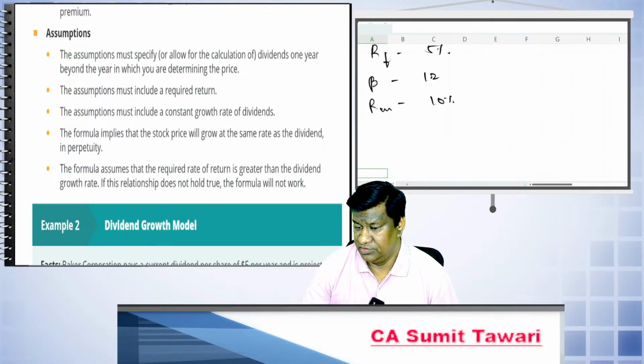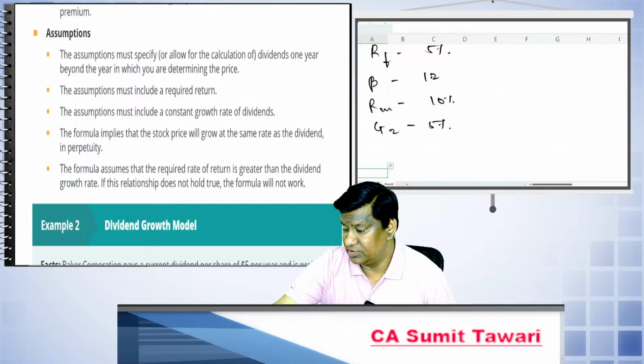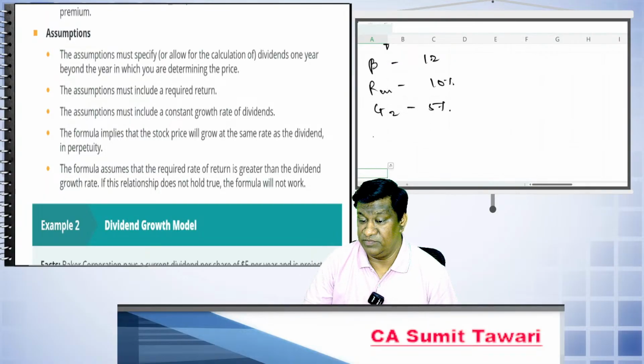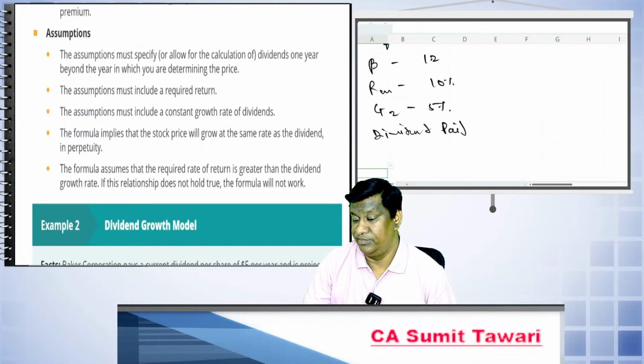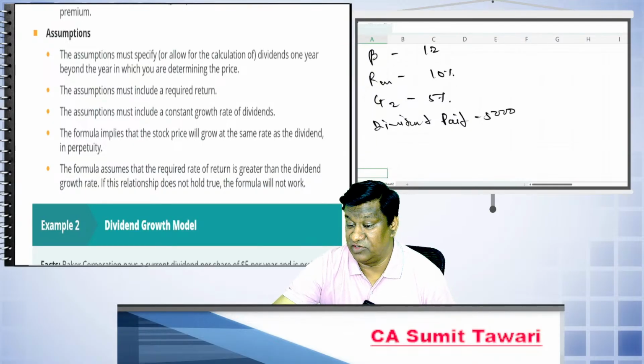After that, they gave a growth rate of 5%, and the last dividend paid, absolute amount, 5,000. And now they want to calculate the value of the share.